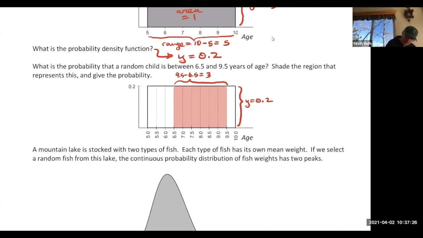And so the probability, watch how I write this here, probability that X is between 6.5, so you say 6.5 is the lowest number, 9.5 is the highest number, and X is a random value between these. That's how you write it. Okay, and probability is area, which is base times height.